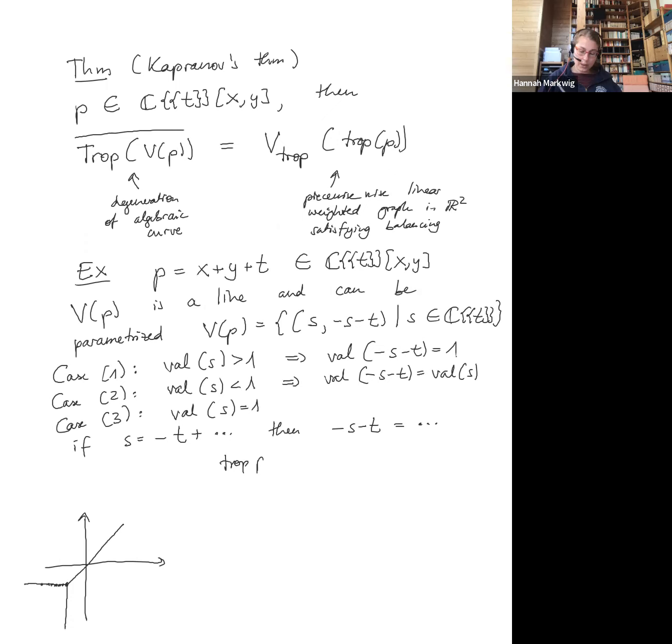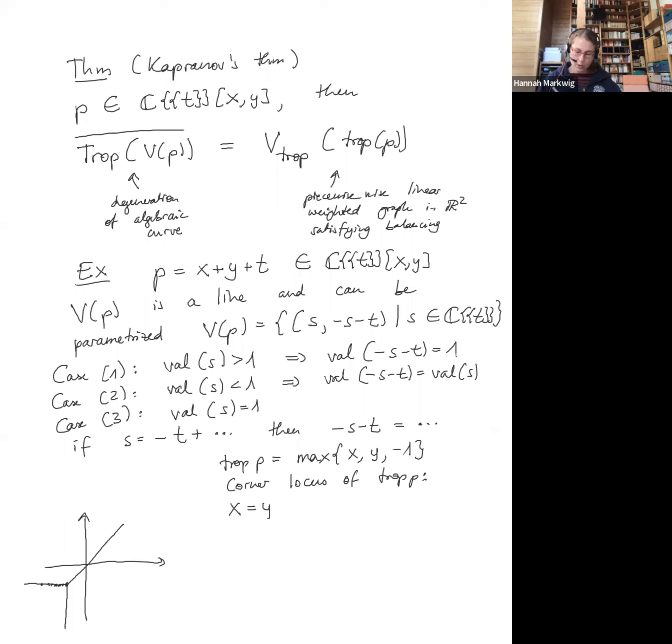So what is trop P for us? It is the max of x, y, and minus 1, because we're taking minus val of the coefficients of our polynomial, right? When we do a tropicalization of a polynomial. Okay, and now to figure out the corner locus of trop P, what do we have to do? Well, we have to always set two regions of linearity equal and bigger or equal to the other.